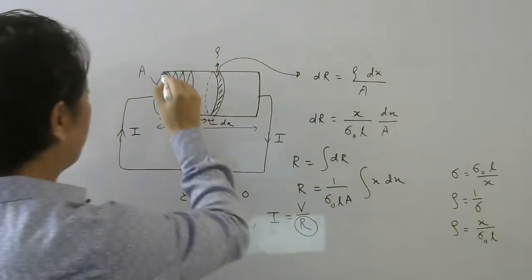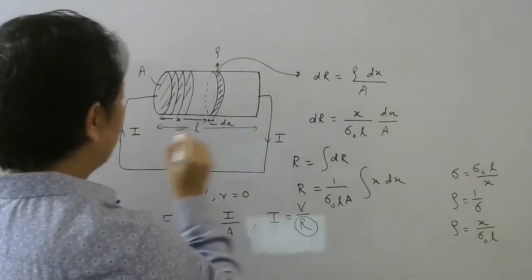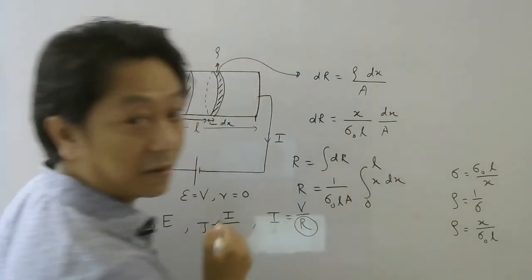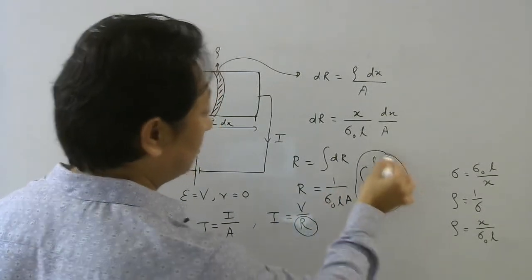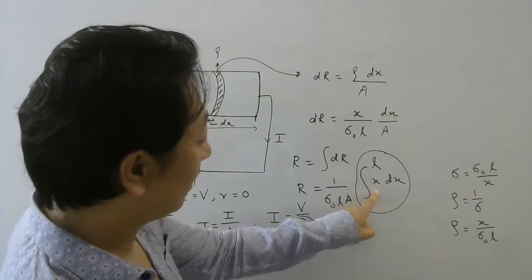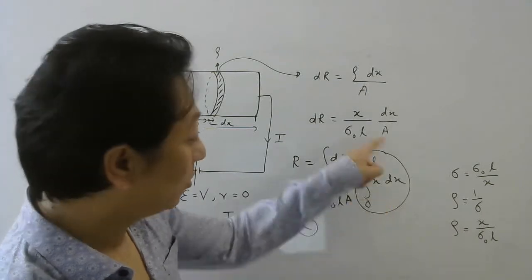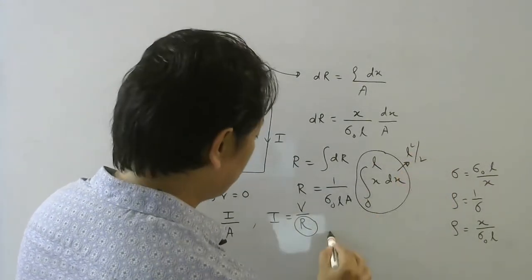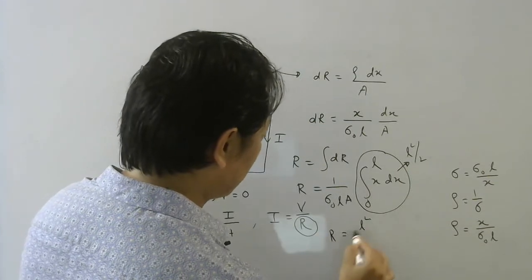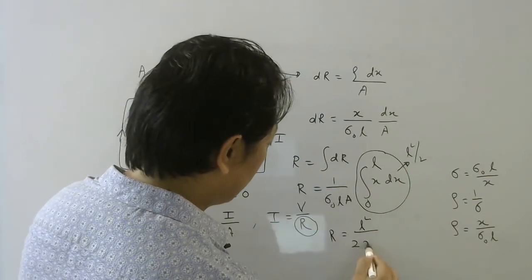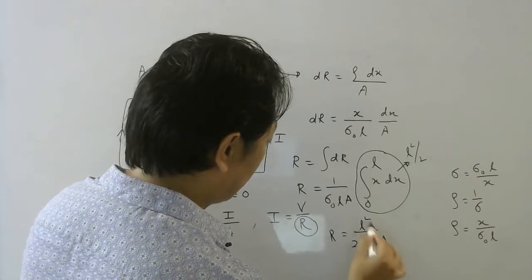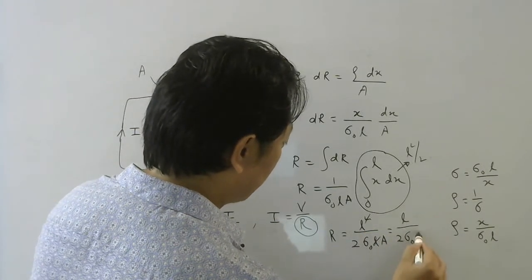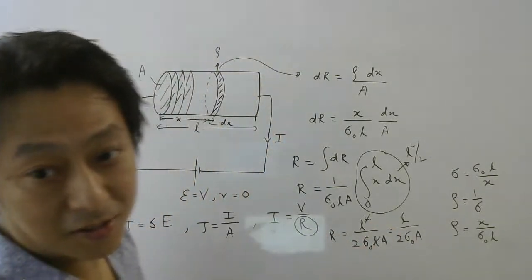Now as you go from this section to this section, your x will go from 0 to L, right? And this integration is obviously very easy to do, right? Integral x dx is x square by 2. Put upper limit and lower limit, you will get L square by 2. So the final resistance will be L square by 2 divided by sigma naught L A. One L will cancel, so it will be L by 2 sigma naught A. So that's the resistance of the conductor.